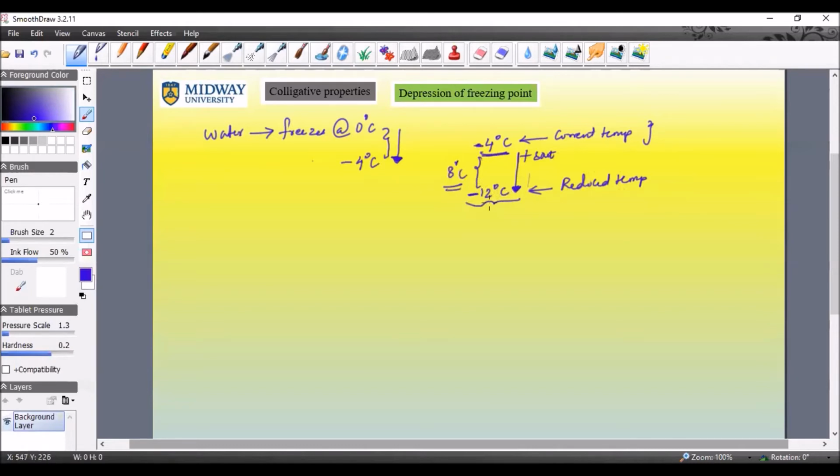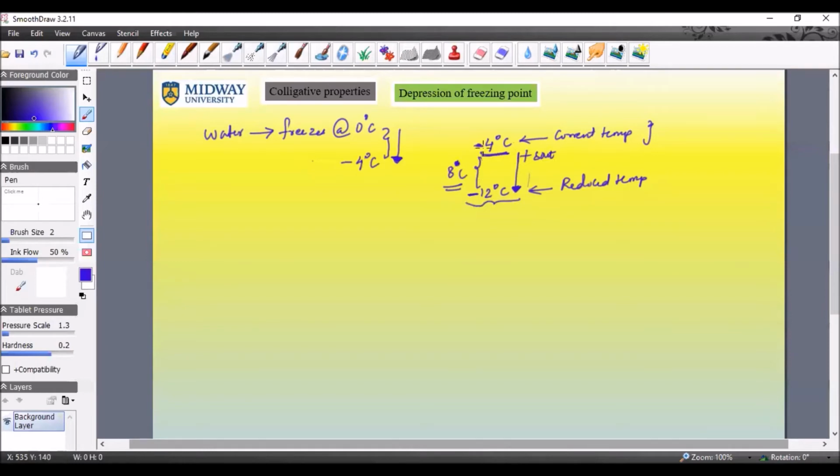But in sub-freezing conditions like northern Canada, where the temperature can easily go to -25, -30 degrees Celsius, adding salt to the road might not be of much help. I'm just saying under this condition, because this is the most that salt can push the temperature below.